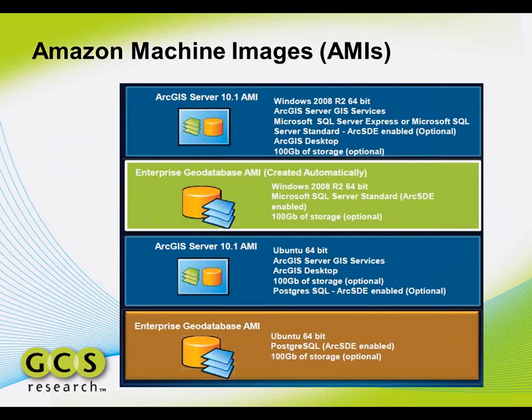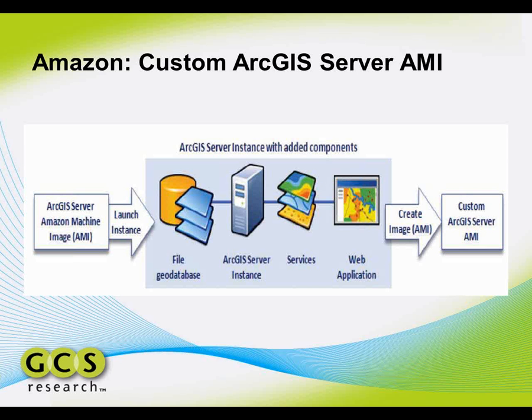They also have new Amazon Machine Images, AMIs, for 10.1 for a couple different operating systems, as you can see. From what I can tell, 10.1 was definitely re-architected for the cloud, and you can see that in these AMIs. So what do you do as a customer?